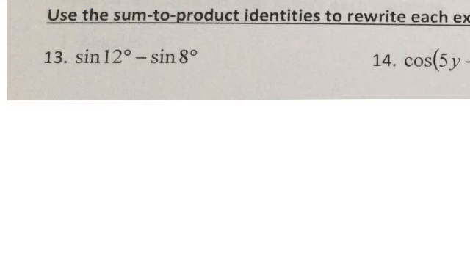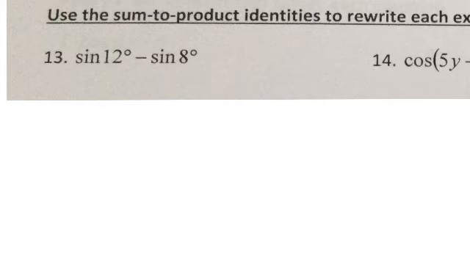So that's how they work in general. Here's how they're going to work with specific examples. So if I had sine of 12 degrees minus sine of 8 degrees, so that would be a difference. So that would be the second identity for the sum to product where I have sine minus sine.